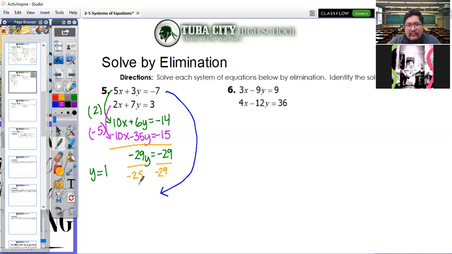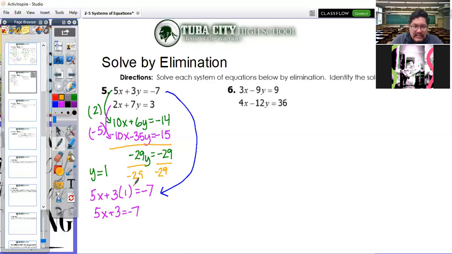I'm going to just use the top one, just because the last one we used the bottom one. 5x plus 3y, but in this case y is 1. 3 times 1 is 3. 5x plus 3 equals negative 7.